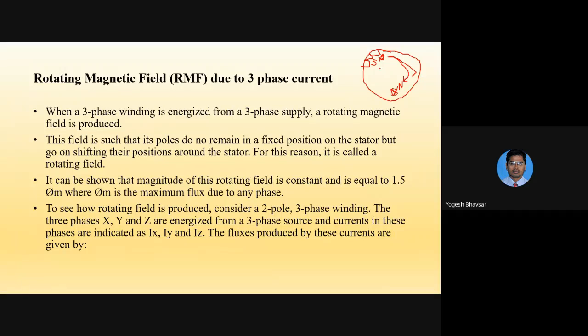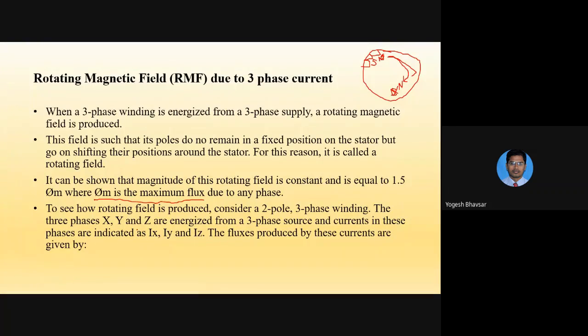So as I said, these N S poles are continuously shifting from their position. For this reason, it is called a rotating magnetic field. And we have to prove now that the magnitude of this rotating magnetic field is equal to 1.5 times phi m, where phi m is the maximum flux.